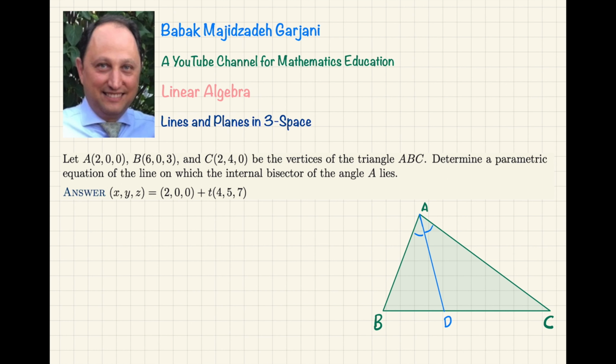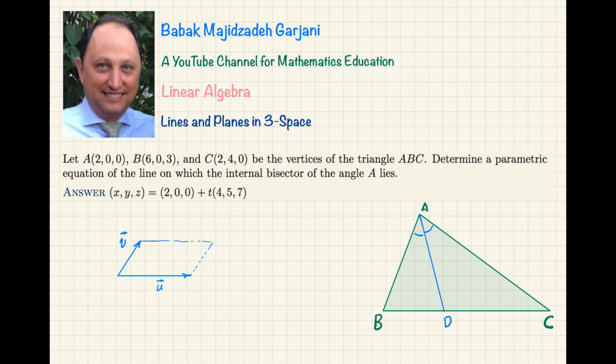Let me just review a little bit about vector addition. If I have two vectors that start from the same point, say this vector u, and another vector from the same point, v, let me make it a little bit shorter. If I want to add them, one possible way is to complete the parallelogram that I can construct on these two vectors.